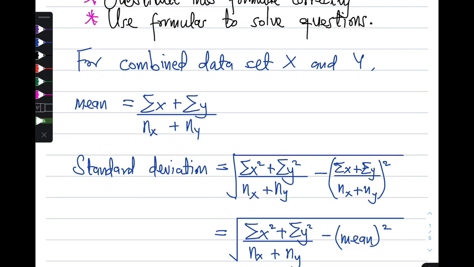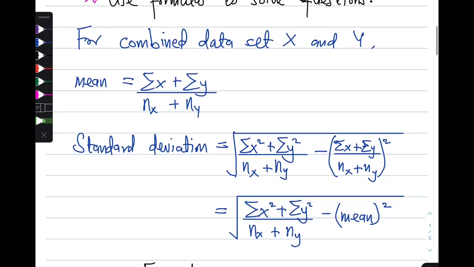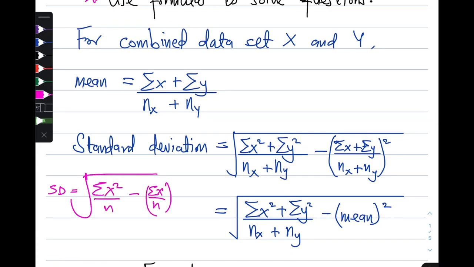Now, when you take the standard deviation, it follows the general standard deviation formula. For single data, the standard deviation is given as the square root of sigma x squared over n minus sigma x over n, squared.